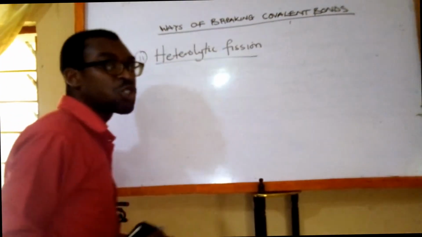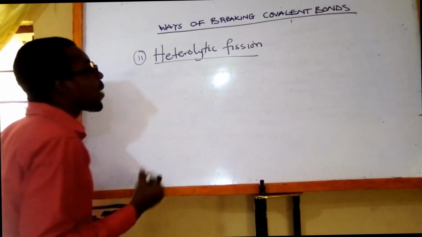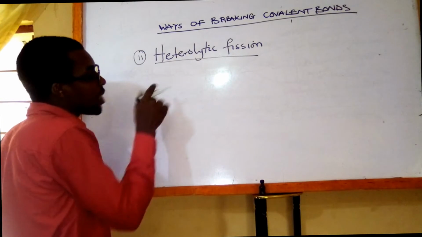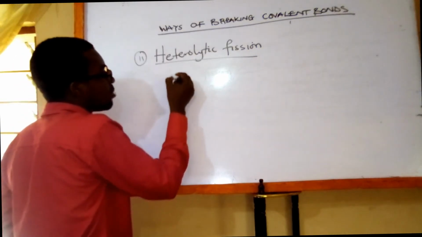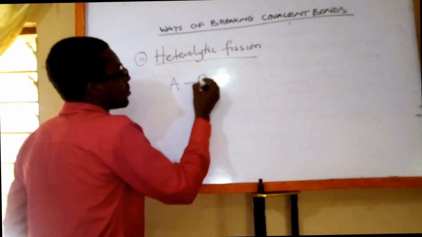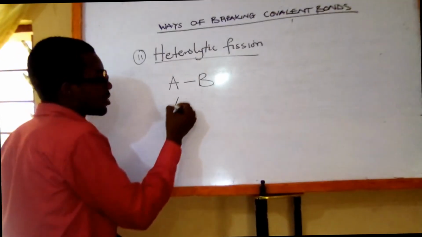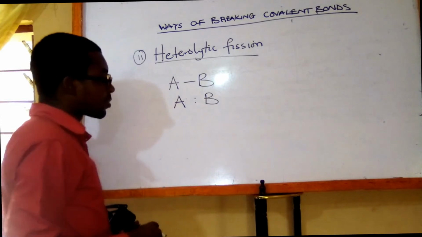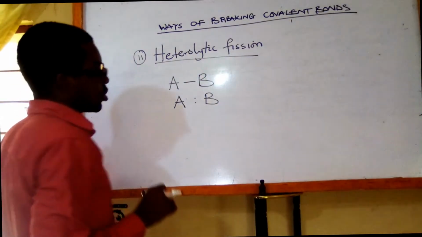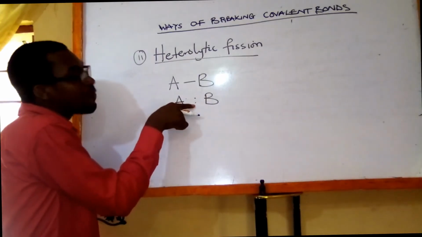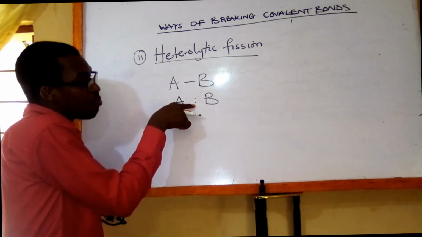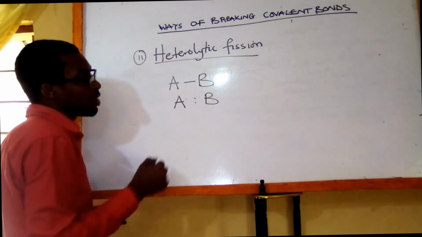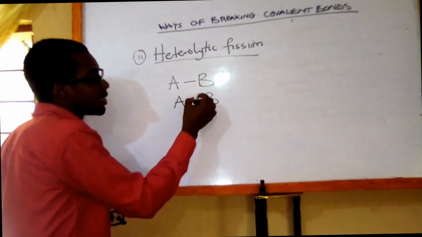Now in heterolytic fission, the electron pair between the atoms, let's use A and B again. Now A and B, and then you have this. In heterolytic fission, both of the shared pair go to only one of the bonded atoms.